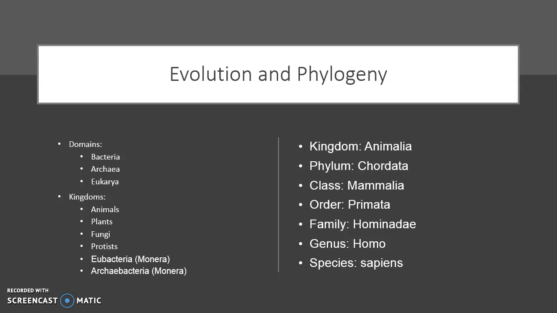So, evolution and phylogeny. Phylogeny is the study of the domains or the families in which we can classify living things. We've gotten pretty complex with how we're able to classify a living thing. There are three main domains: bacteria, archaea, and eukarya.